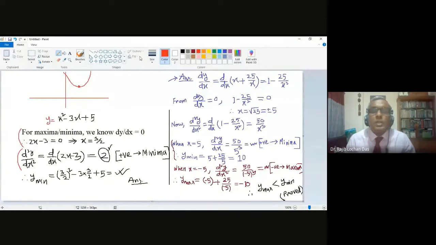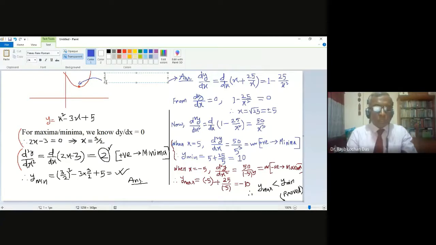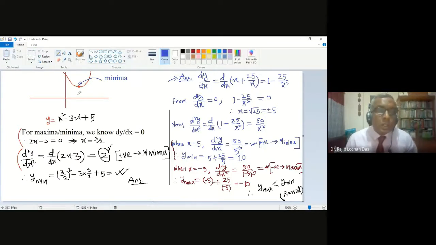The lowest point of that graph is the minimum point. So it is actually the minimum point, what we call the extremum value, or you can call the optimum value. Okay, so this is actually the minimum point, the minima.